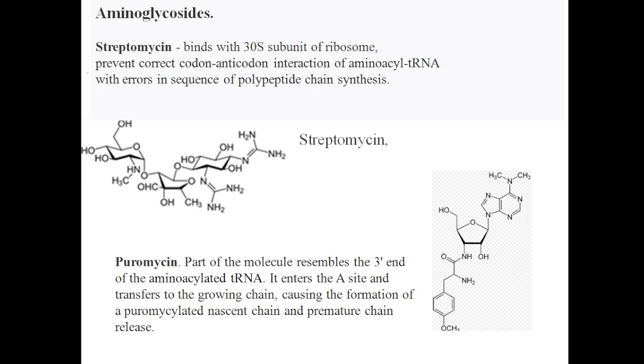It is the mechanism of action of streptomycin and puromycin. Puromycin corresponds to the 3' end of aminoacyl tRNA, and there will be competition for the A site between tRNAs and puromycin.